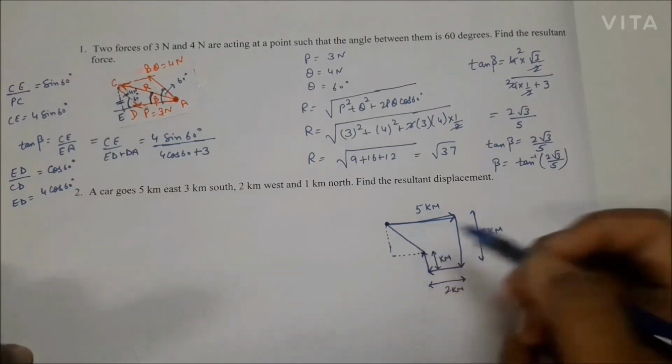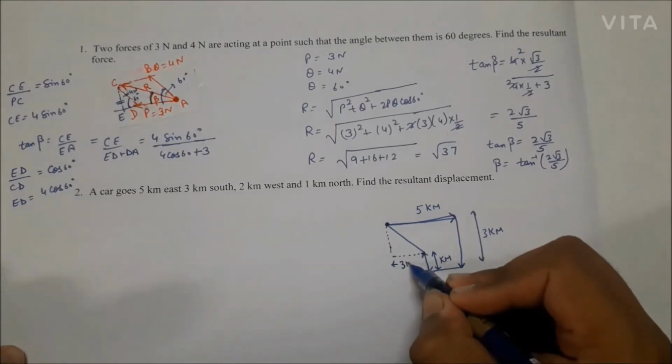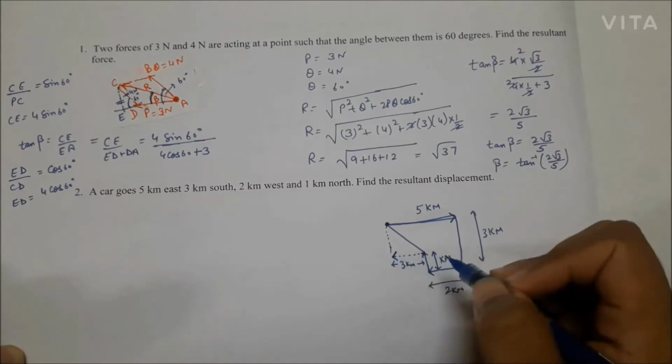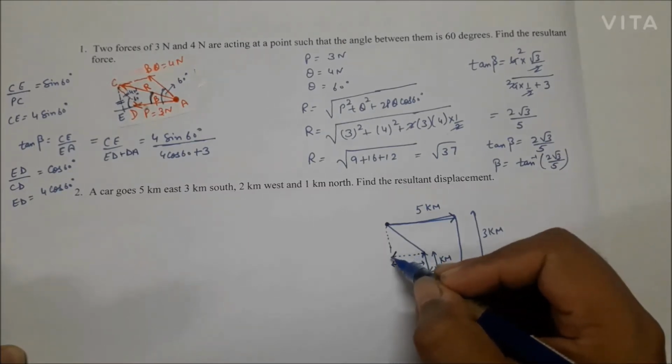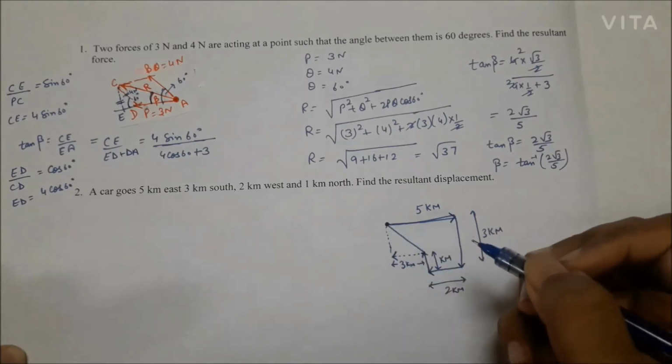So what is left? It is 3 kilometers. Now this distance is 3 kilometers. So the vector in this direction is 3 kilometers, right? Now what will be the magnitude of this vector in this direction?